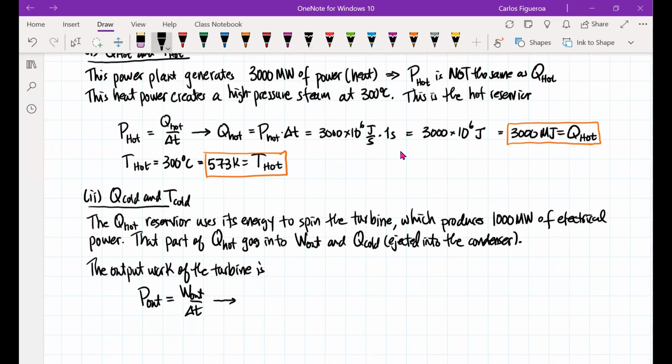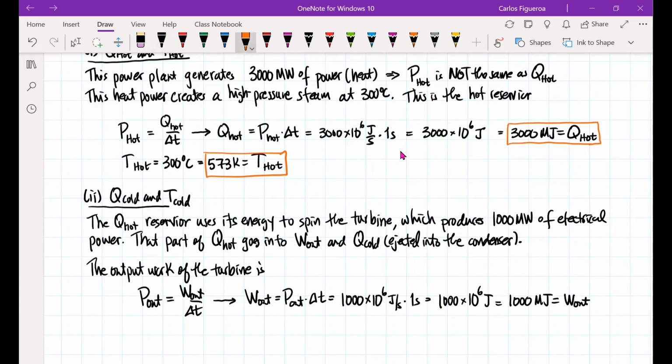So if I solve for work out, it is the power out times my time, which is 1,000 megajoules per second times 1 second, which gives me 1,000 times 10 to the 6 joules, or I can write this as 1,000 megajoules for the work out. So now I know how much work has been done.